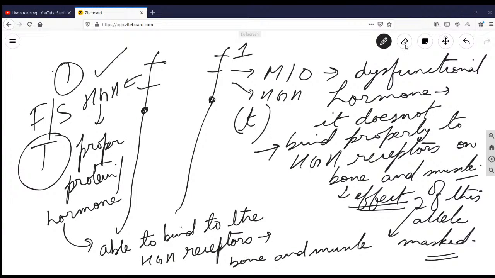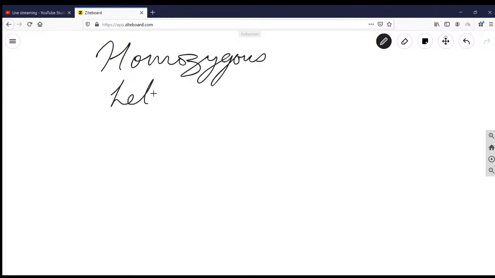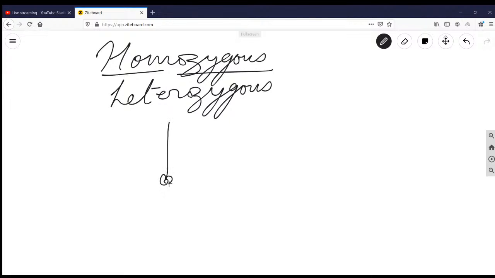Now, there are terms known as homozygous and heterozygous. Homo means same, zygous means allele. The example that I was giving you till now was of the heterozygous condition.